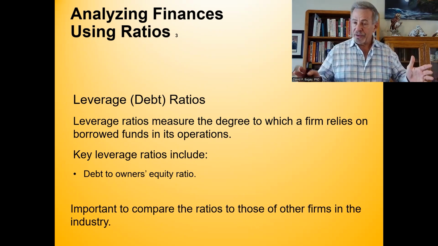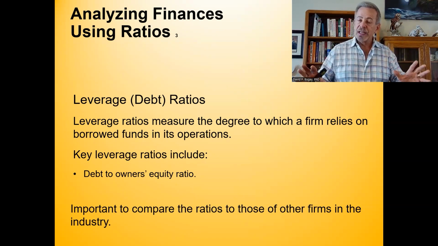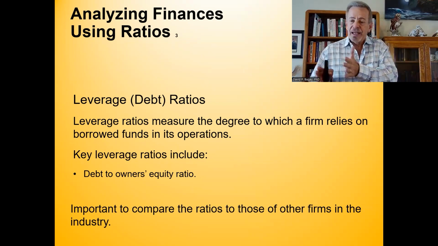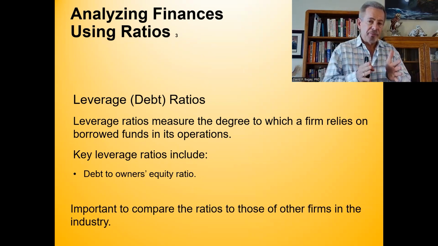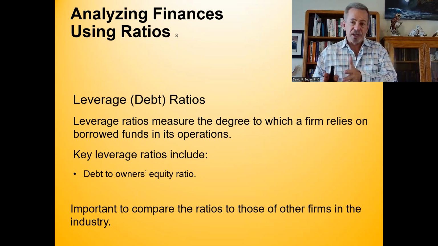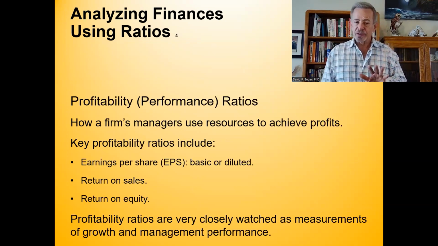A car manufacturing company is going to have billions of dollars in debt because they have to pay for all these huge, gigantic machines. So the debt ratio will be much higher, as well as the liquidity. You can't apply the same ratio analysis to a clothing manufacturer and a vehicle manufacturer. They're two different industries and not even comparable on the different ratios that you'll see.